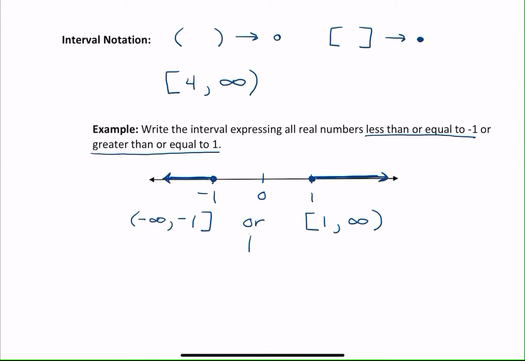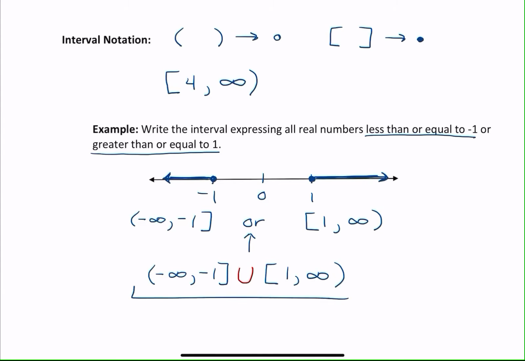And instead of writing or for interval notation, you're going to use a union, which looks like a capital U without the tail. So in interval notation, putting it together, it's negative infinity to -1, unioned with 1 to infinity. So that would be your answer in interval notation.